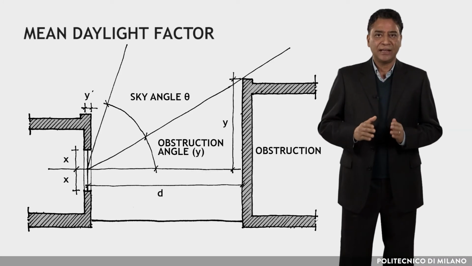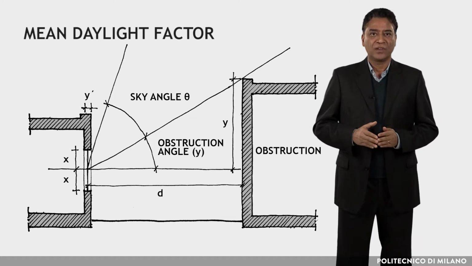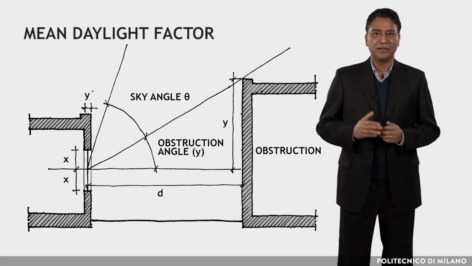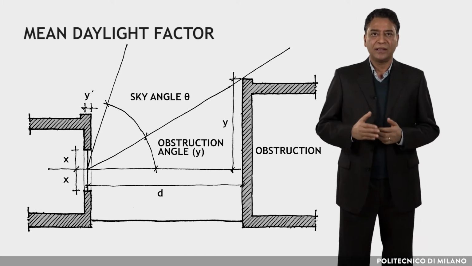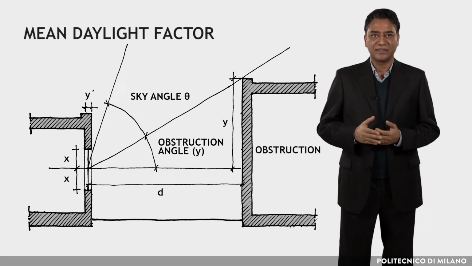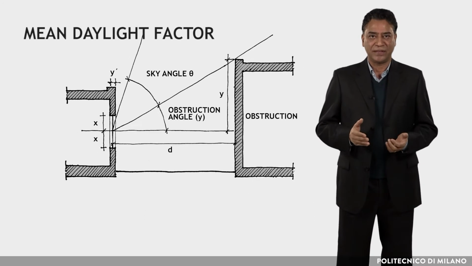The mean daylight factor, DFM, of an enclosed space is defined as the mean value of daylight factors measured at the level of the working plane by a grid of sensors extended to the whole space.